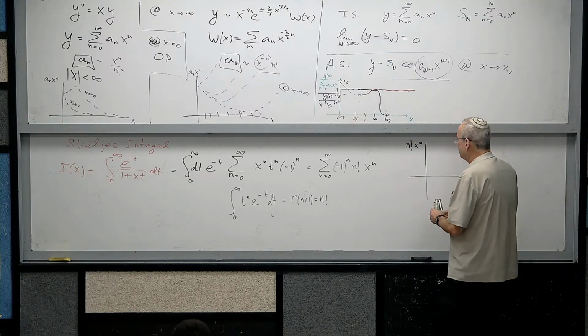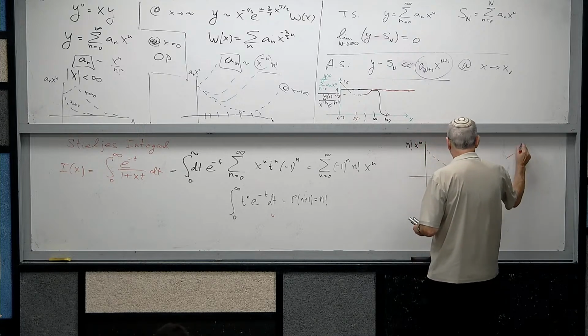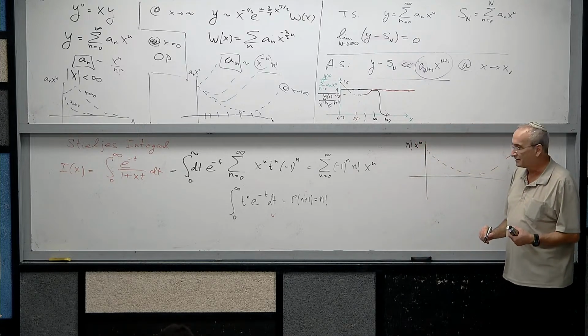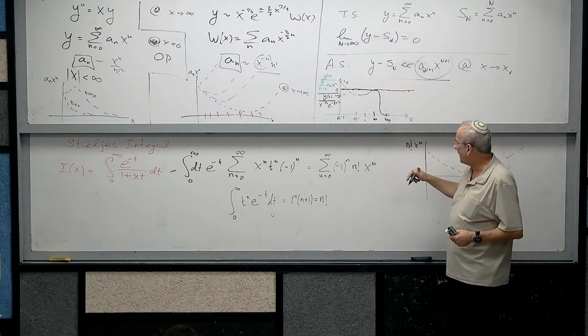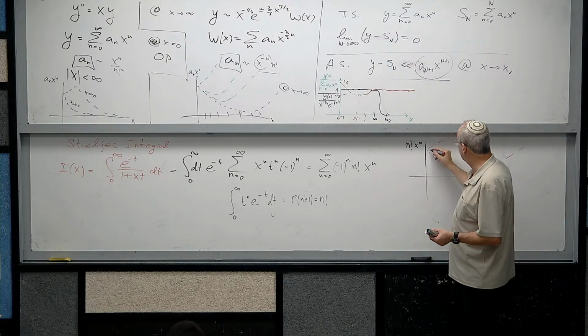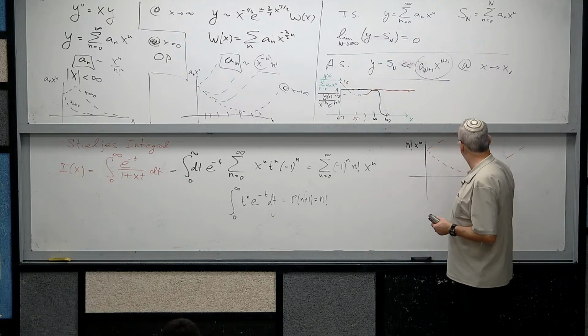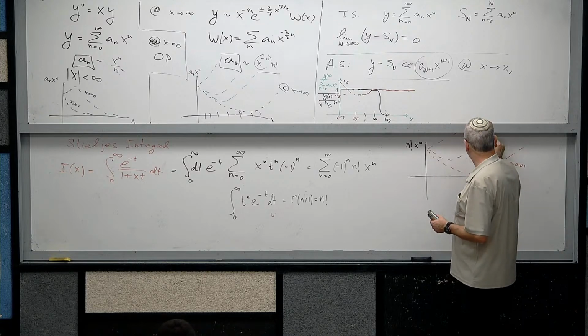If x is very small, like x is 0.1, I will have something like that. On the other hand, if x is 1, then it is going just up. And if this is like x equals 0.01, then x 0.1 will go like that.